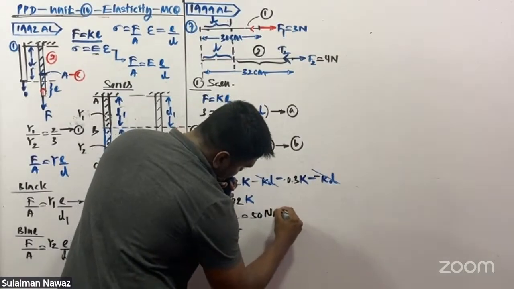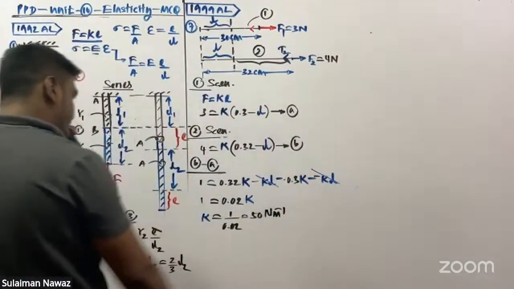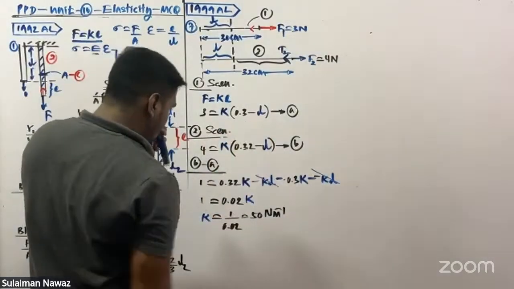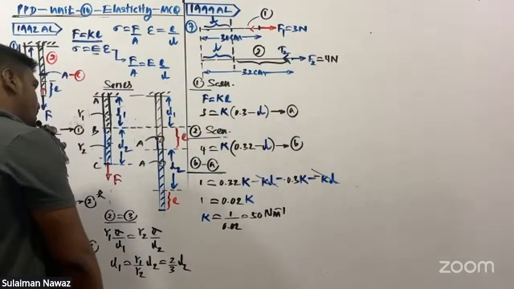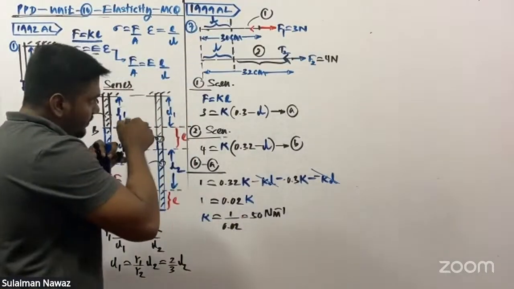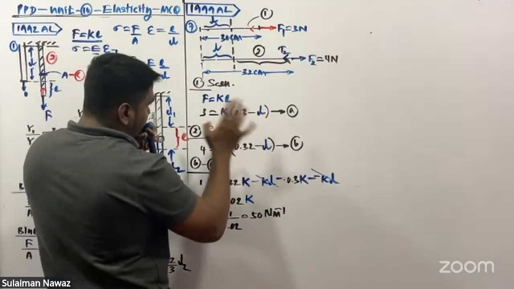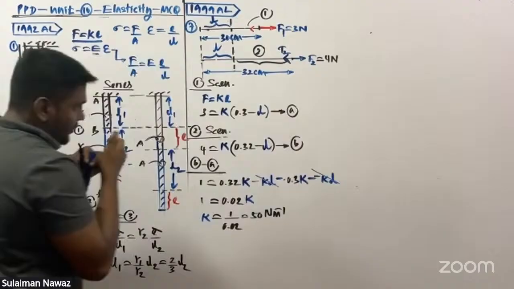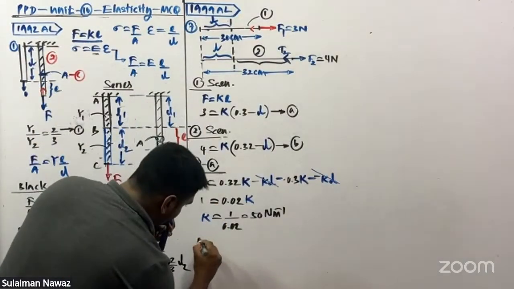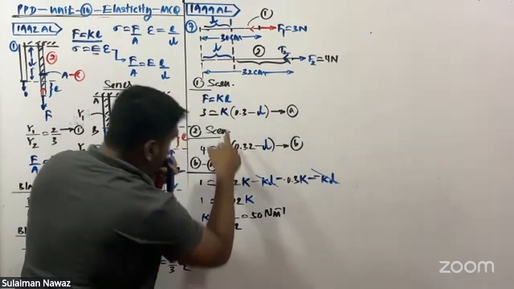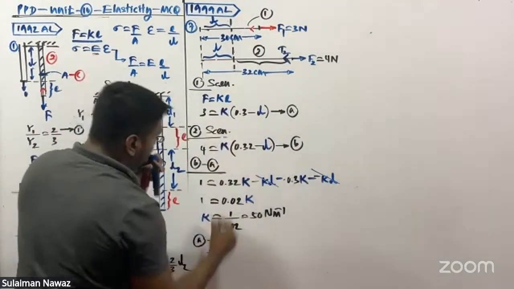Newton per meter. Right. If you know the K value, you can find the L also. Let's find L. Now K is 50. If I take equation A, we can write 3 equals K times (0.3 minus L), and K is 50.